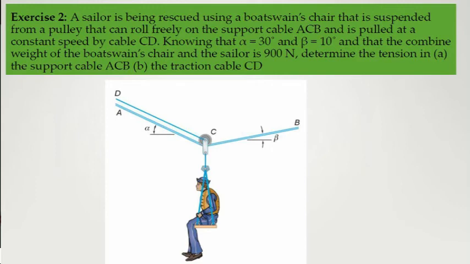Knowing that alpha is equal to 30 degrees and beta is equal to 10 degrees, and that the combined weight of the boatswain's chair and the sailor is 900 Newton, determine the tension in A, the support cable ACB, and B, the traction cable CD.